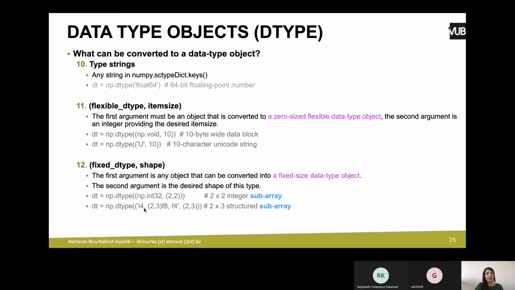And also here I'm saying that I want a data type which is a subarray of a data structure. This is the data structure. The shape of that is 2 by 3, so it's a subarray, and that data structure has 3 fields, like this.